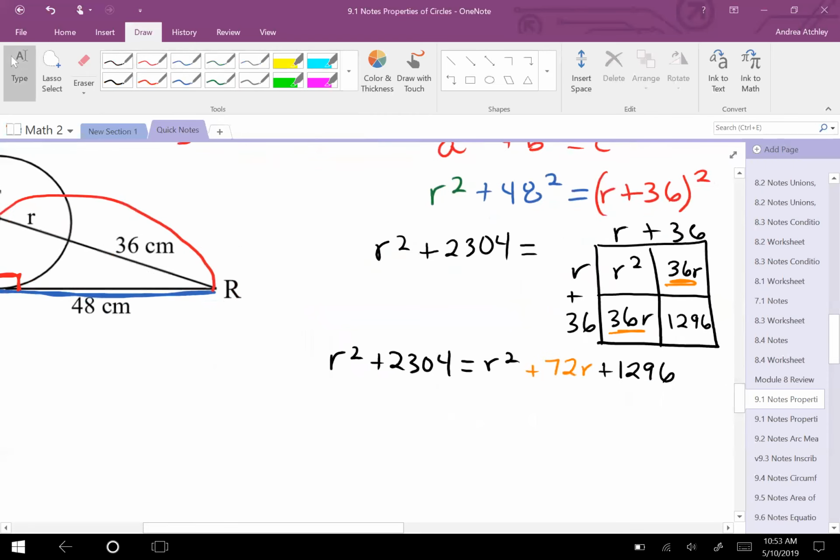Okay, I'm going to move my r squareds to the same side. So I'm going to subtract r squared here. If I do that here, it'll go away. Which makes this problem a lot easier because it's no longer quadratic. So I have r squared minus r squared is 0. So I'm left with 2,304 equals 72r plus 1,296.